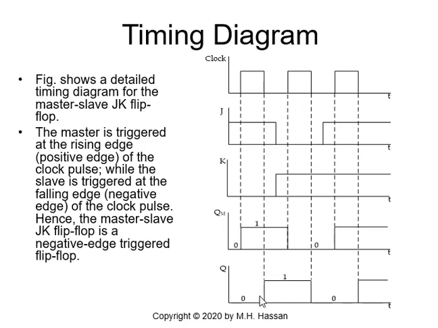So Q, which is the output from the slave, will change state from 0 to 1. So it is negative edge triggered, and as a whole, the flip-flop will be negative edge triggered. So Q will be at 1, because Q is the output from the slave.